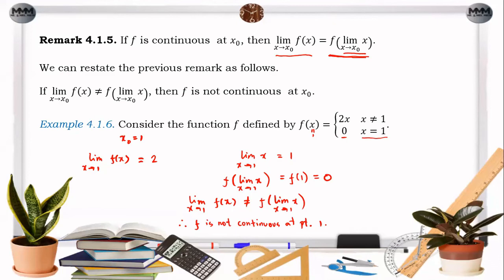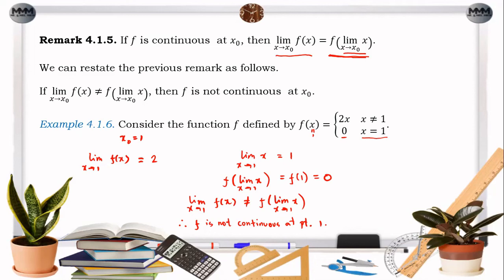So we have the same answer, but using a different solution. Because we are using the same example, and here we're using a different way of determining whether the function is continuous or not at a given point.